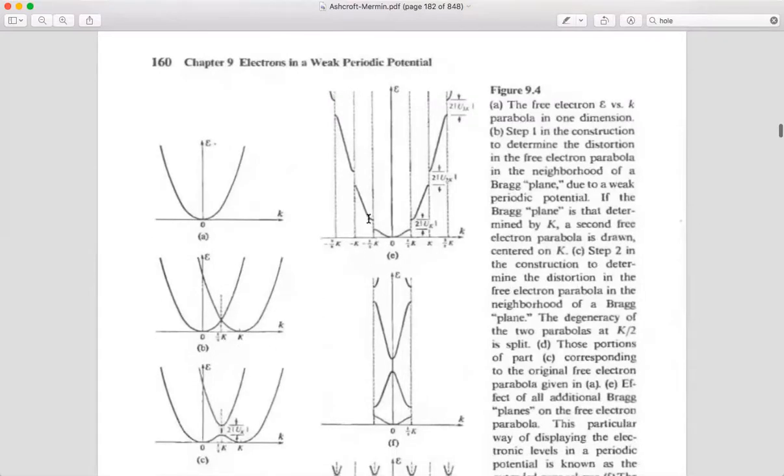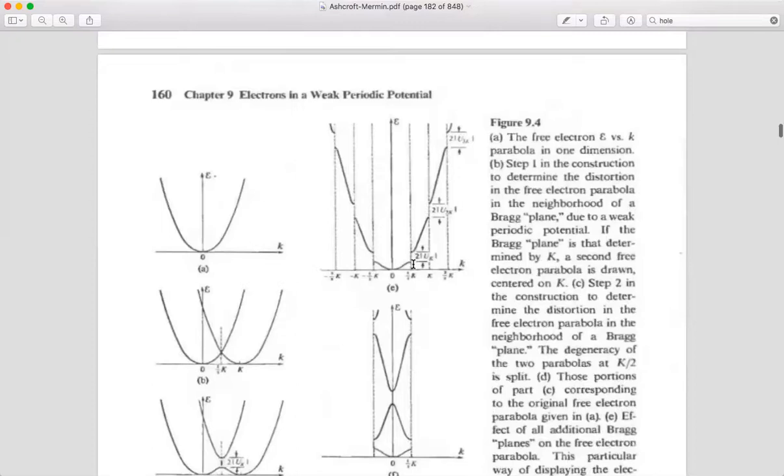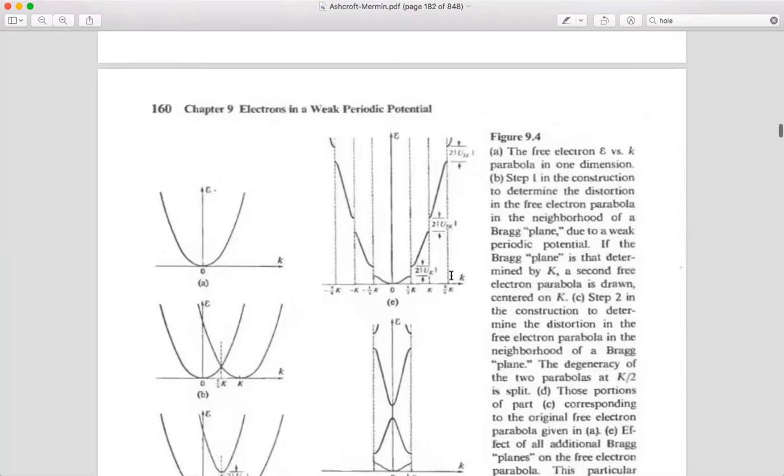And a similar thing would happen at every Bragg plane. Half G is the Bragg plane corresponding to the lattice vector G. G is a Bragg plane. This would also be a Bragg plane corresponding to the reciprocal lattice vector twice G. Similarly, this plane here at 3/2 G would be a Bragg plane corresponding to the reciprocal lattice vector 3G, and so on.